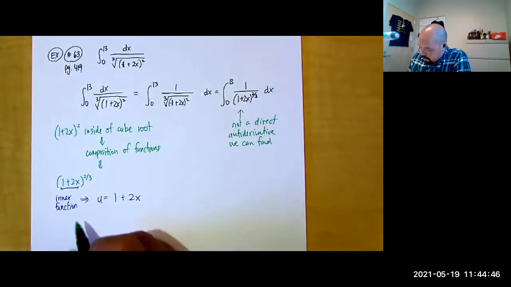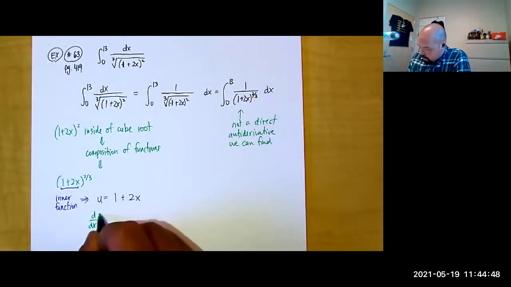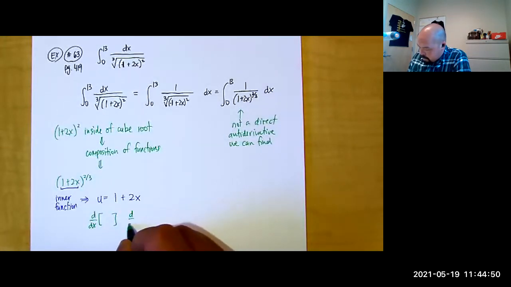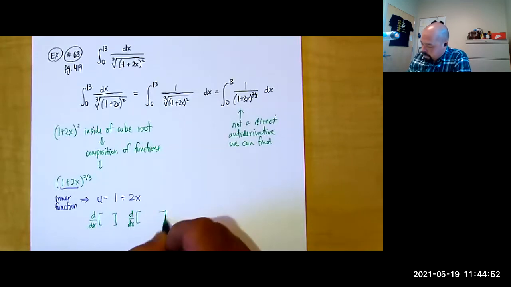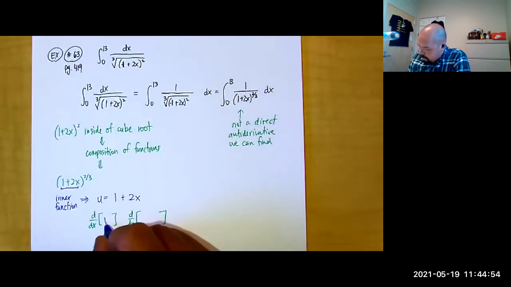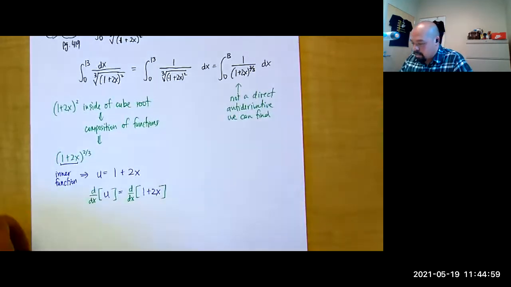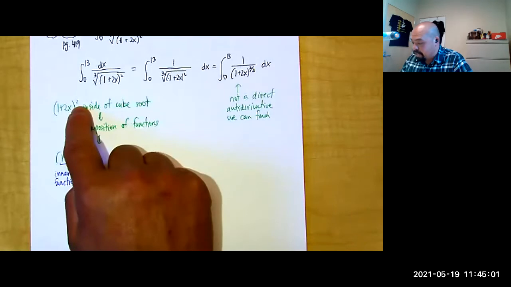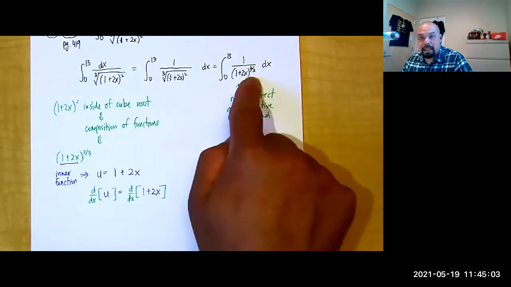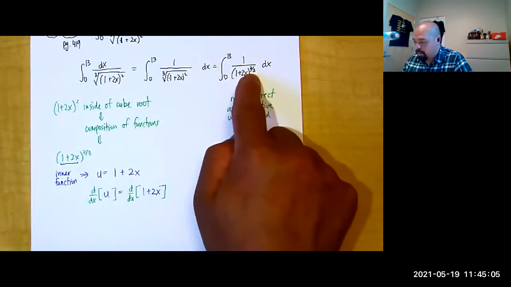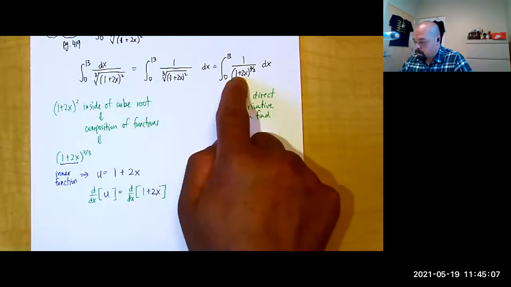Taking the derivative on both sides of just that inner function, right? The powers, the squaring, the cube root, I've kind of built in as this rational exponent, right?